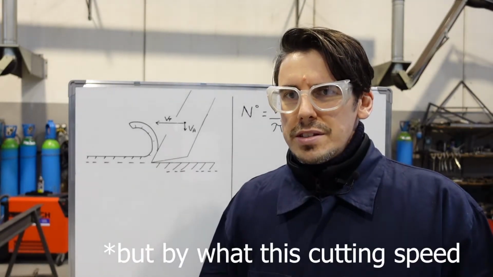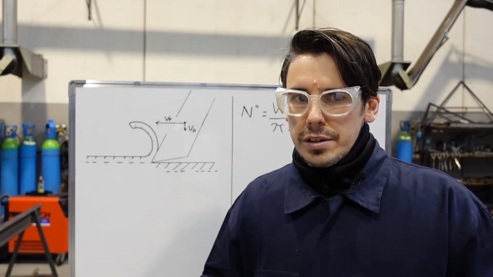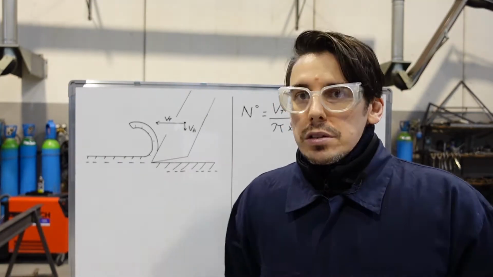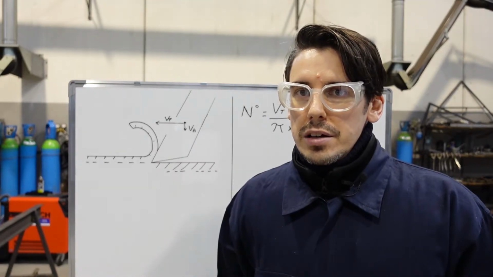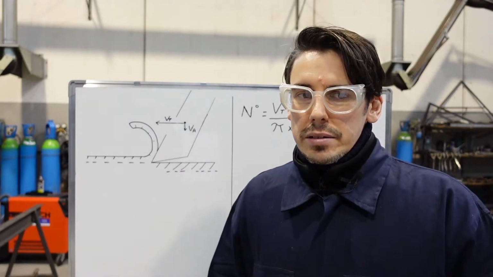But what is this cutting speed influenced by? Why do we find this theoretical number in the table and not another? The first factor is the difference in hardness between the cutting tool and the workpiece.